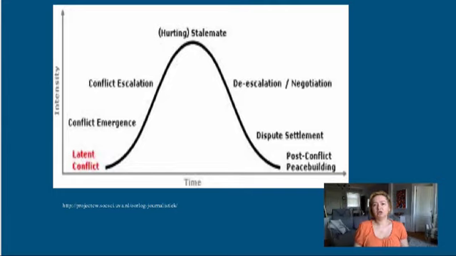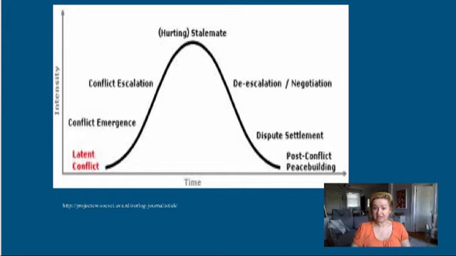So here we have a representation of conflict. This is a conflict curve, which is how we represent stages of conflict. It's an ideal model, of course. As you can see, in the beginning we have a latent conflict.